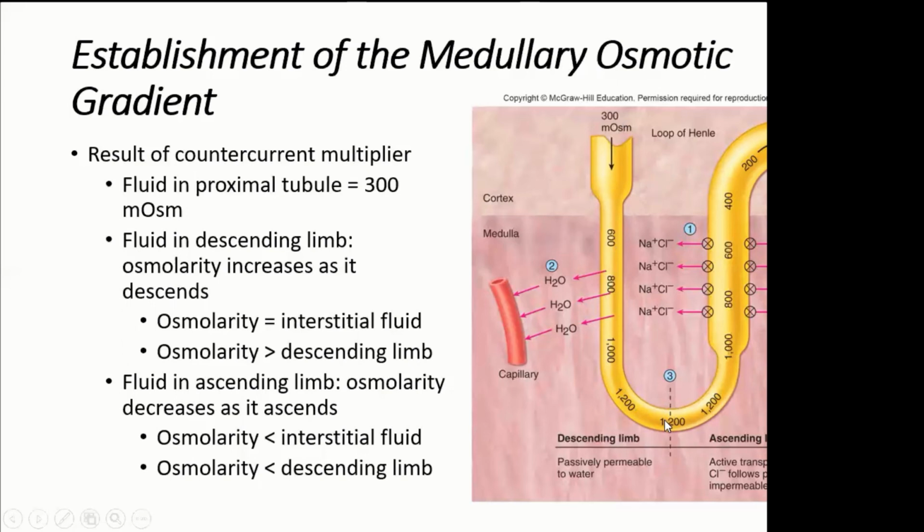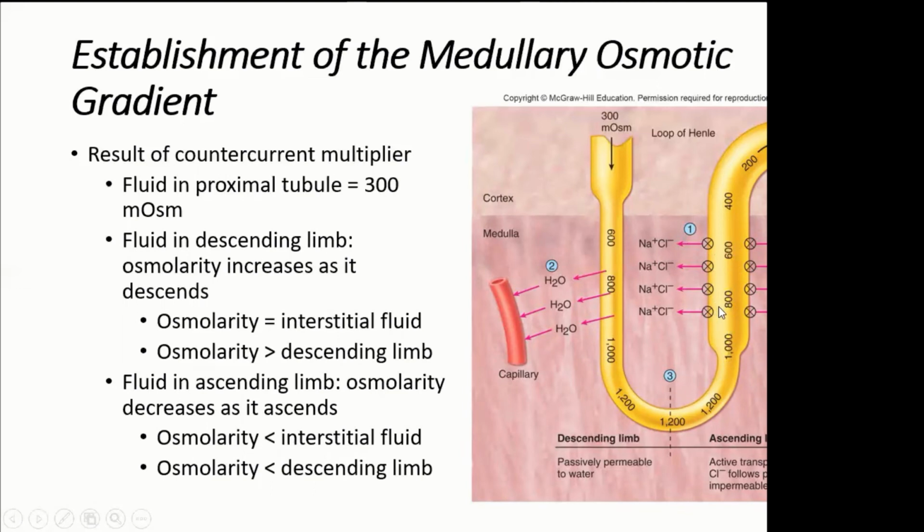In the ascending limb, we actually have that osmolarity in the tubular fluid going back down. The reason for that is that as this fluid moves forward, going into this thick part of the ascending limb, we have the active movement of sodium and chloride. So we're actively moving solutes out of the tubular fluid.